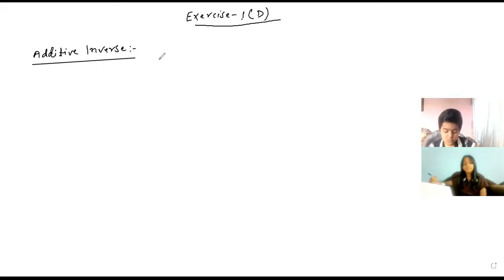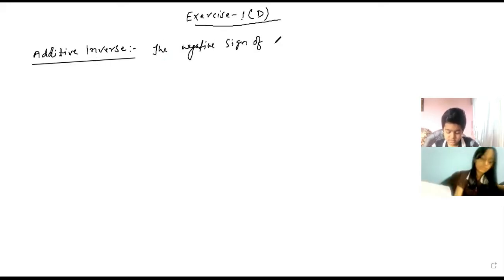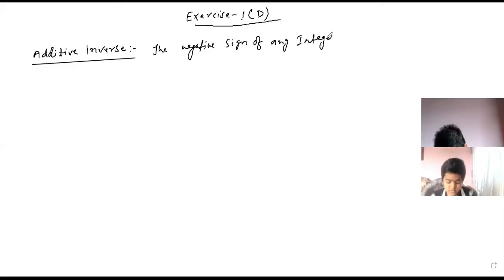Simply, what is the meaning of additive inverse? The opposite sign of any number is called the additive inverse. Just write the negative sign of any number or integer. Any integer's negative sign is called its additive inverse.